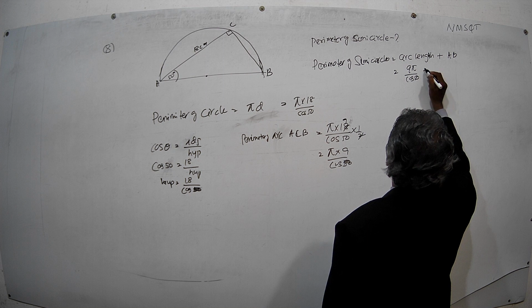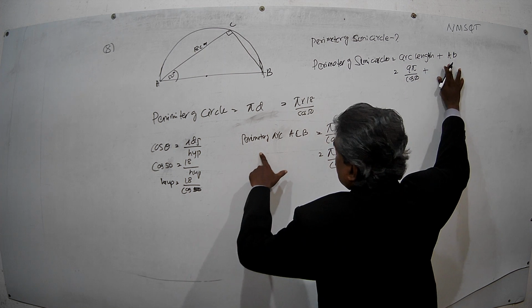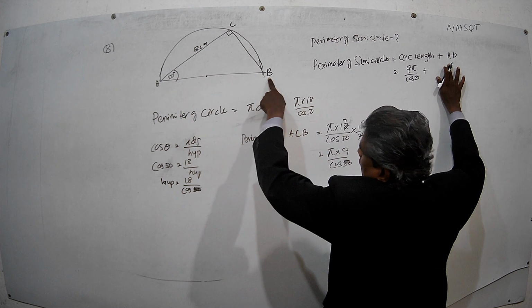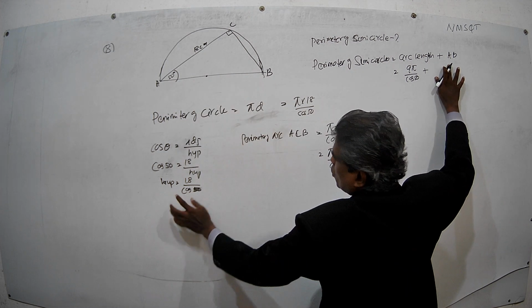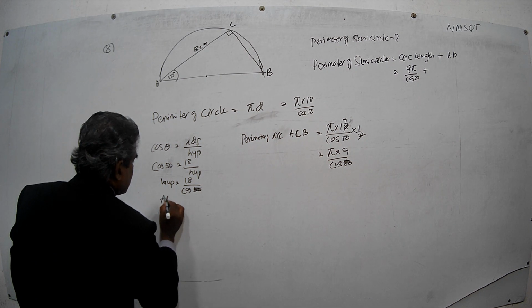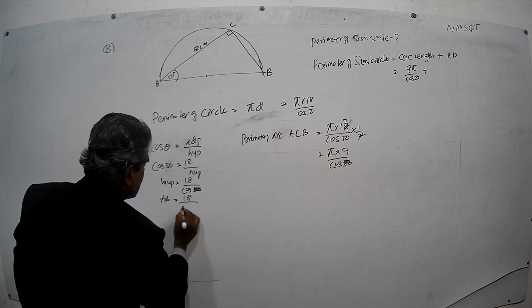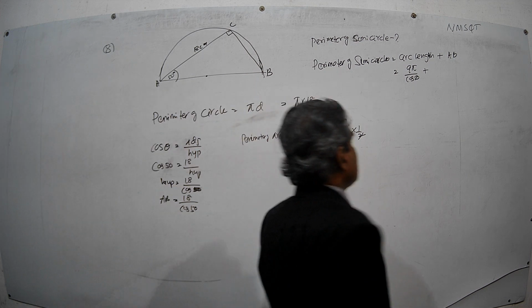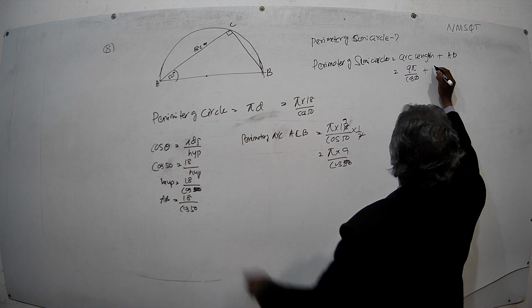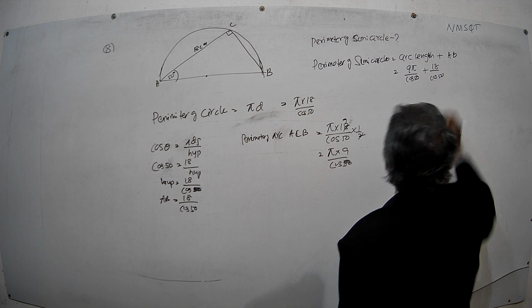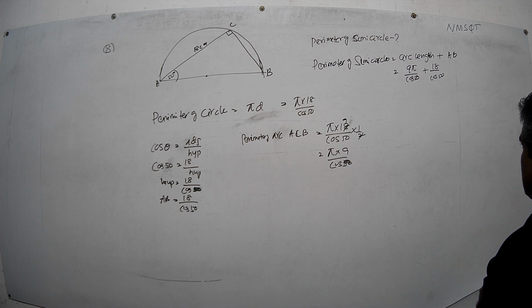Then plus AB. AB is this length, that is the hypotenuse of this. We can write here AB length equals 18 over cos 50.